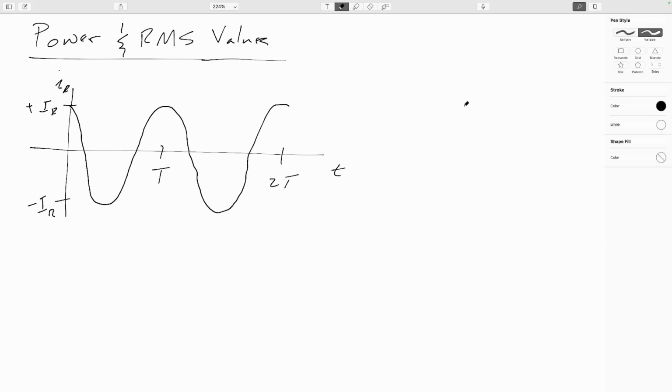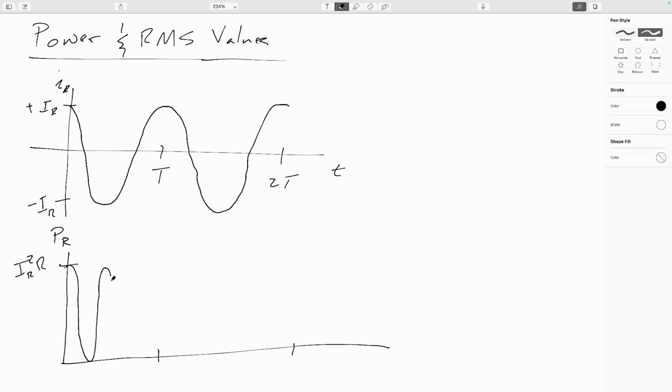To thoroughly argue it, you'd have to use the methods of calculus, but what we can do is say, for my toaster, if I were to plot the power being radiated off, I know that the power goes as I squared R. So if this is a cosine here, what the power as a function of time is going to look like is cosine squared. Try to do that a little better. There we go.